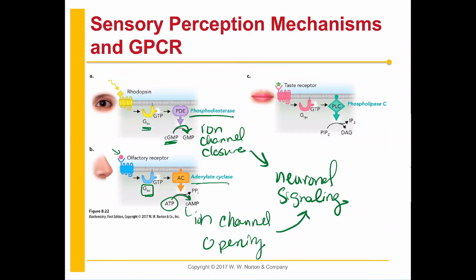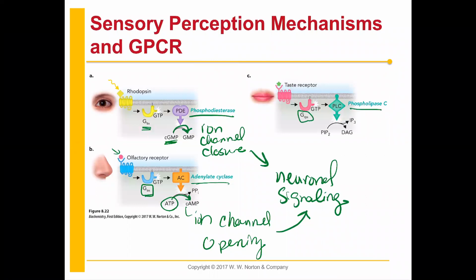Same thing when we have taste. Not olfactory, gustatory. Gustatory binding. So if you have binding of something sweet, and it binds to the taste receptors on your tongue cells, it's going to activate the GQ alpha G protein. That's going to stimulate phospholipase C. When phospholipase C is activated, we're going to cleave our PIP2 into DAG and IP3.